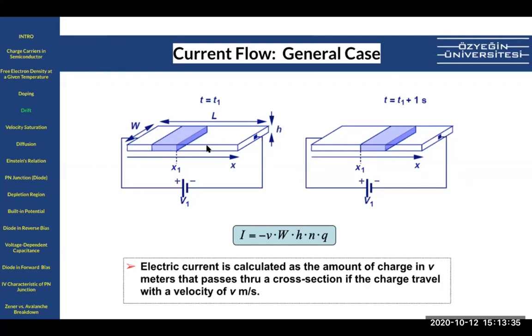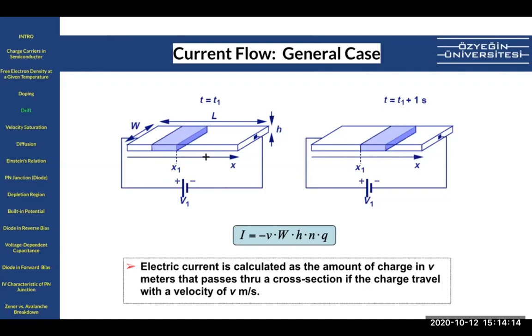When we take a cross-section and look at different time slots, at t equals t1 and then at t equals t1 plus 1, we can say that a chunk of current flowing moves, let's say, from x1 a certain amount in the x direction.